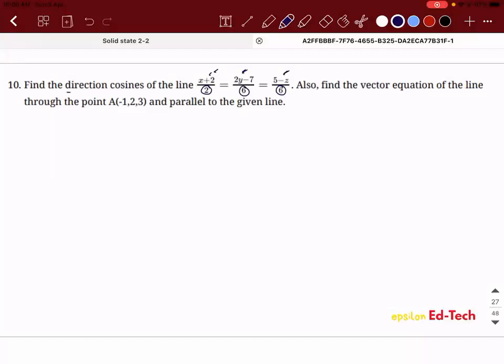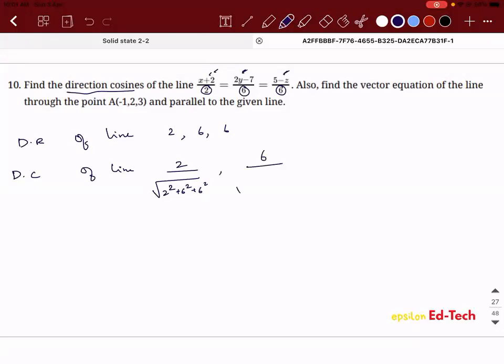But here the question is to find the direction cosines. So what is the DR of the line that is given? 2, 6, and 6. So what will be the DC of the line? 2 divided by square root of 2 square plus 6 square plus 6 square, 6 divided by root of 2 square plus 6 square plus 6 square, 6 divided by root of 2 square plus 6 square plus 6 square. That's it.